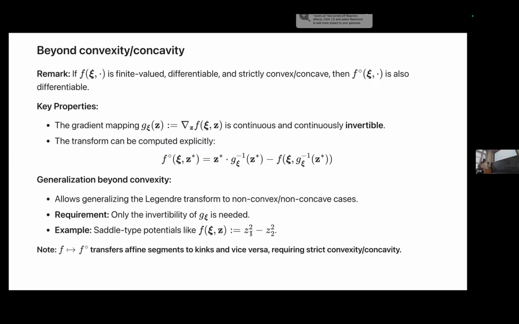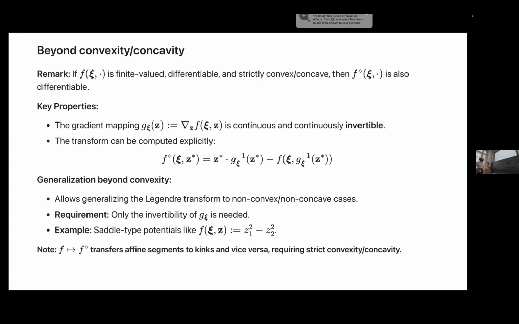With Stefan, we were looking for situations with exotic materials, where you can imagine, for example, a material that is paramagnetic in one direction and diamagnetic in the other. In this case, the energy would be non-convex, but still the gradient of the energy would be an invertible function. And this falls within this setting.